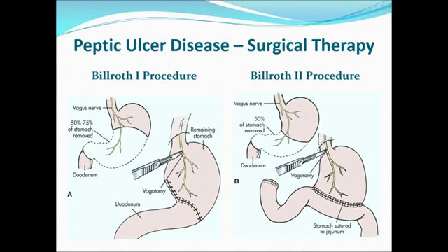Okay. Basically, these two procedures involve the cutting of some of the nerves. It involves removing portions of the stomach and then reattaching the remaining stomach to the intestine, whether it's the duodenum or the jejunum. Okay, so a couple things occur with this.